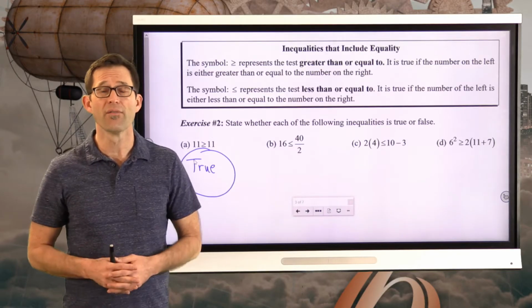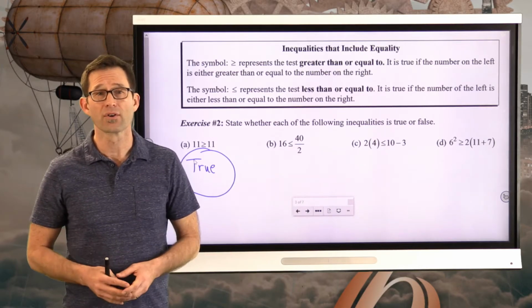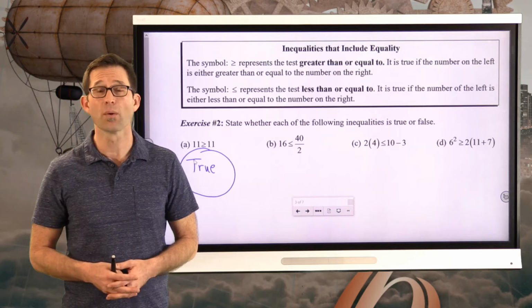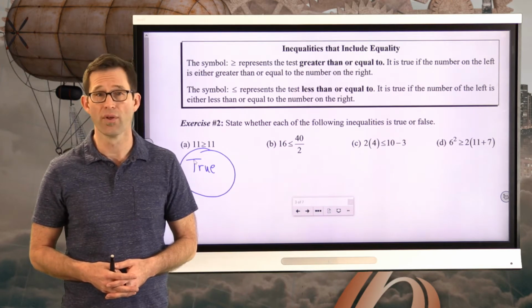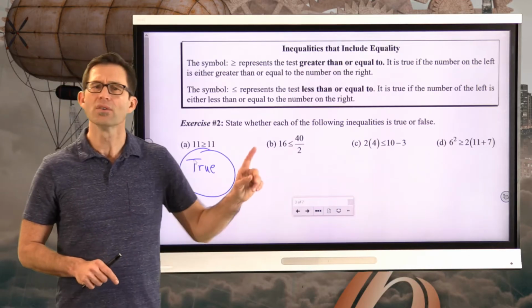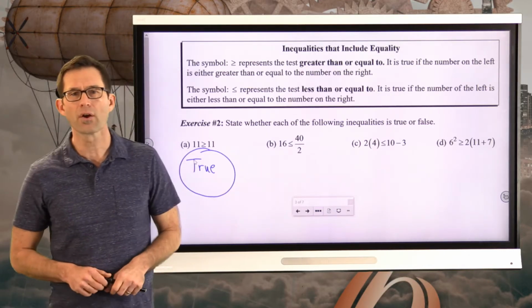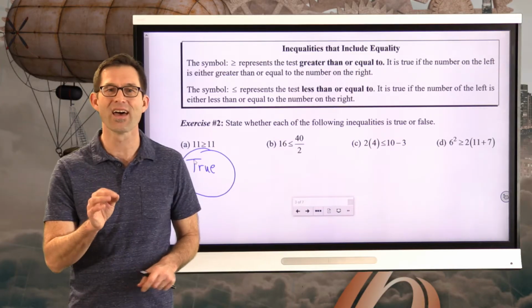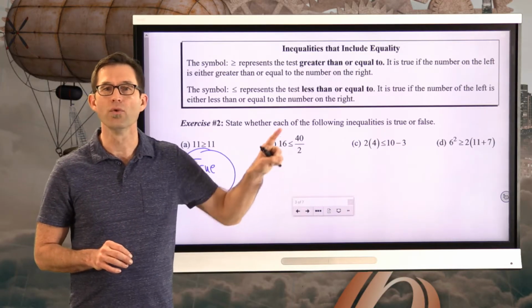Now, on the other hand, if I said, I am either a doctor or an NBA basketball player, you'd say, well, that's a lie, because you're not either one of those things. So that's the way we want to kind of think about these. So taking a look at letter B, letter B says 16 is less than or equal to 40 halves.